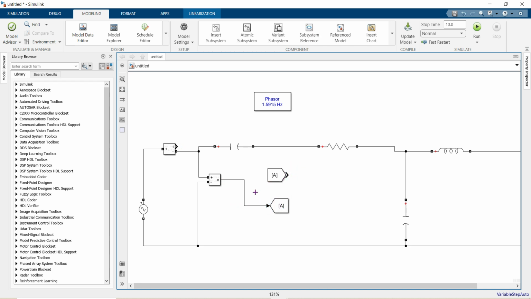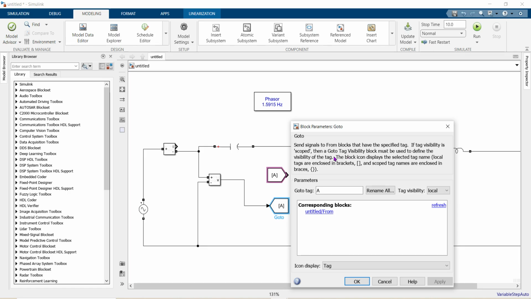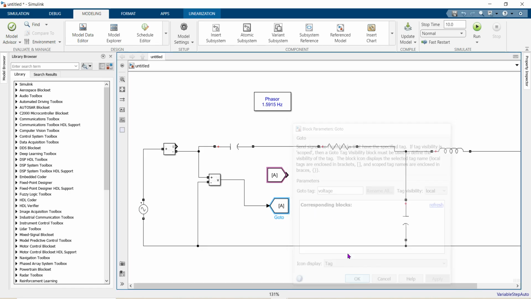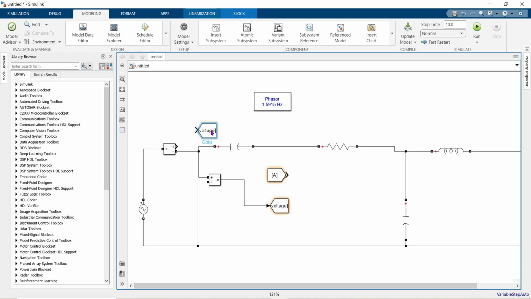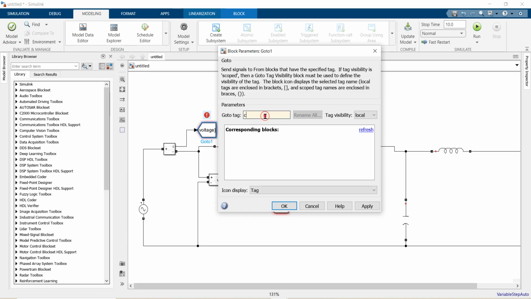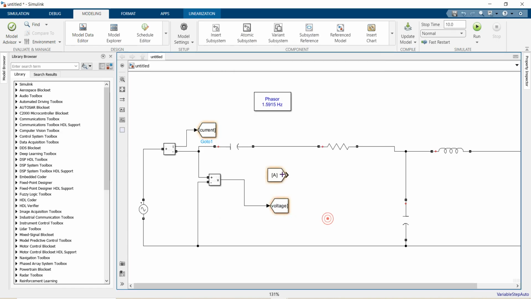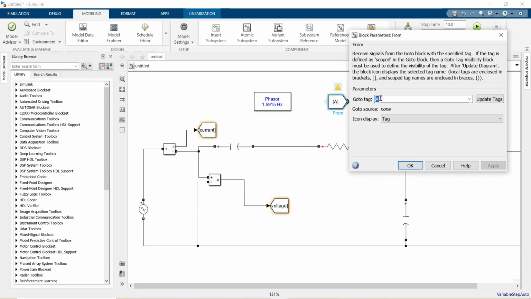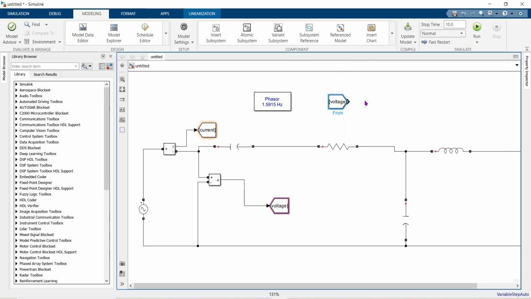This is our voltage, so I'm renaming it as voltage. Similarly, this will be our current. Now I'm taking the From block here, and it will be voltage, and another one is current.